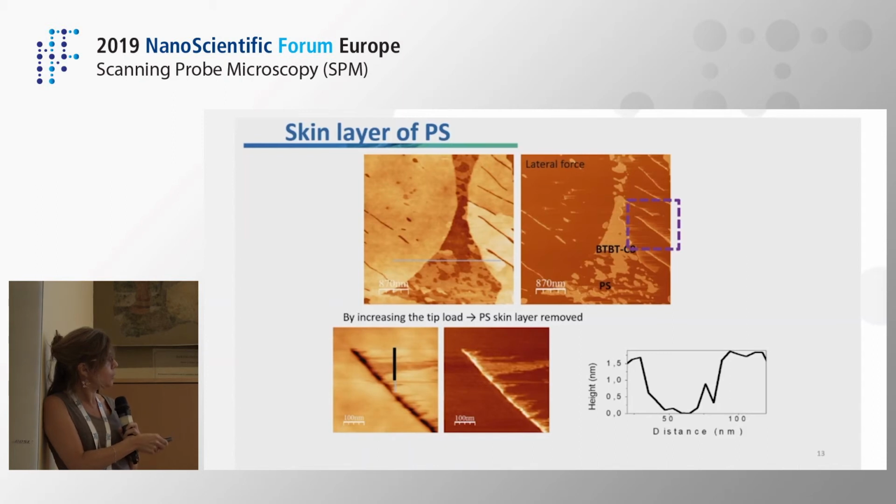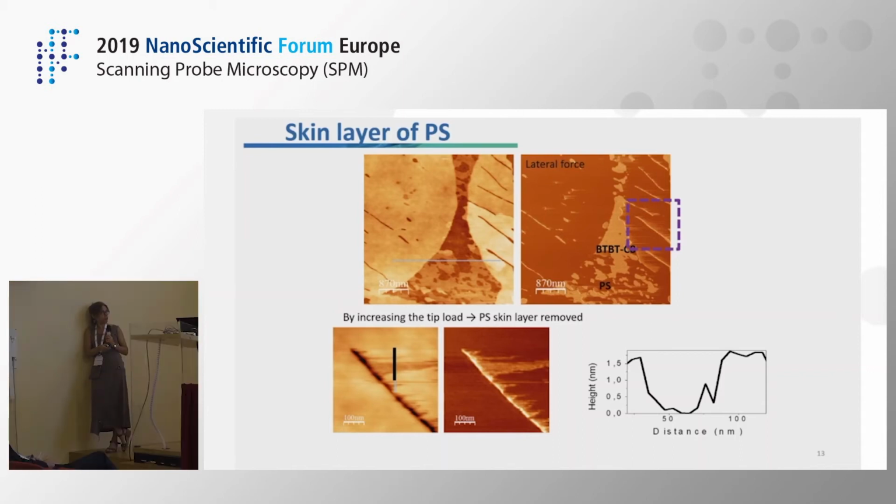It has a height between 1 and 2 nanometers, leaving the BTBT-C8 uncovered. And this we can check by imaging the molecular resolution on these areas, where now you can see the different friction. When we decrease the load, the polystyrene just covers the surface again.